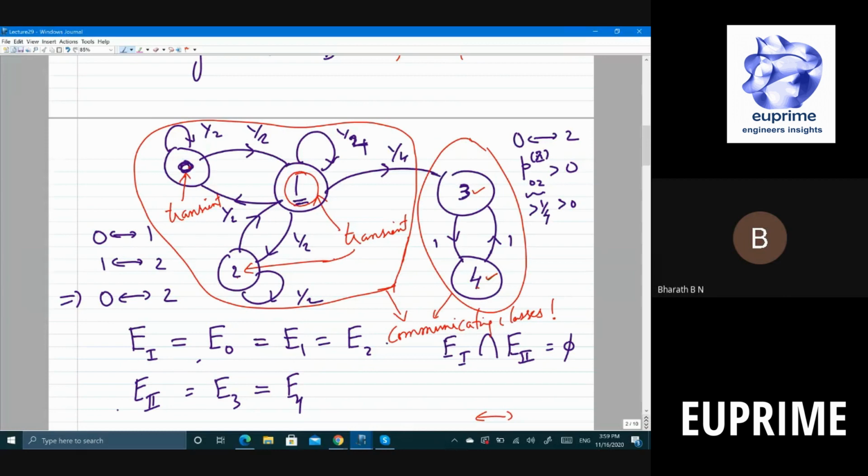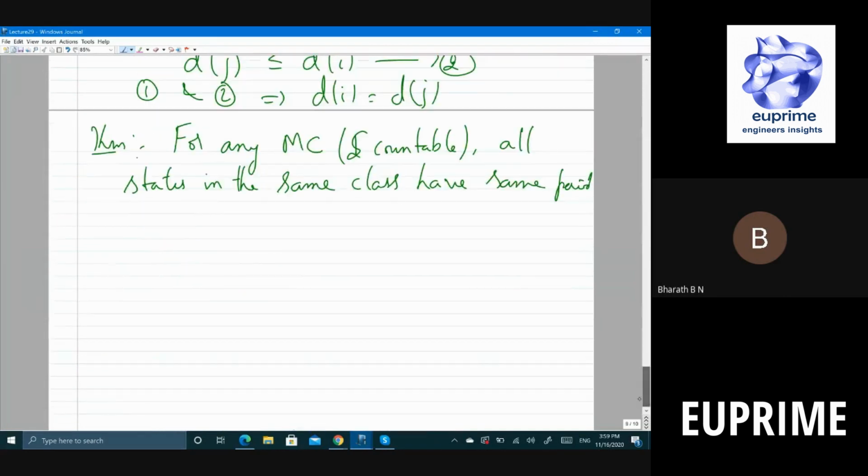Okay. So what is the big picture now? We have seen that if you have a Markov chain with a communicating class, and if a node has a certain period, then everyone will have the same period.